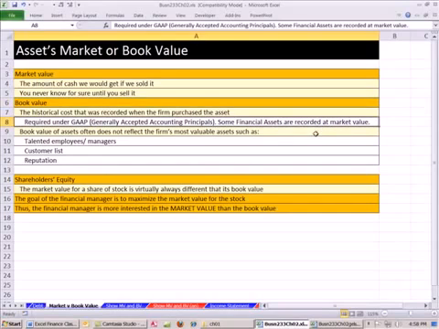And actually, there's a huge debate. Right before the financial crisis, the FASB and other accounting regulators said that businesses, particularly banks, had to record many financial assets, debt and assets, at market value.